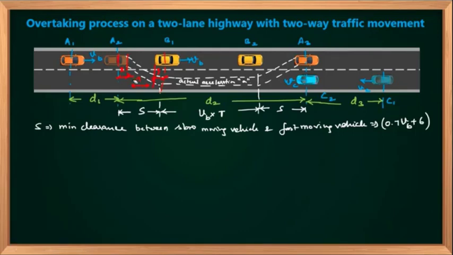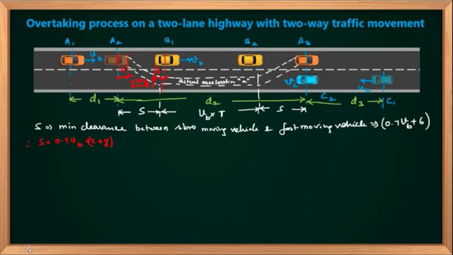It will not move fast to the next lane, it will move slowly. That is 0.7 times VB. So therefore S is equal to 0.7 times VB plus x plus y. This x plus y is the length of that vehicle.